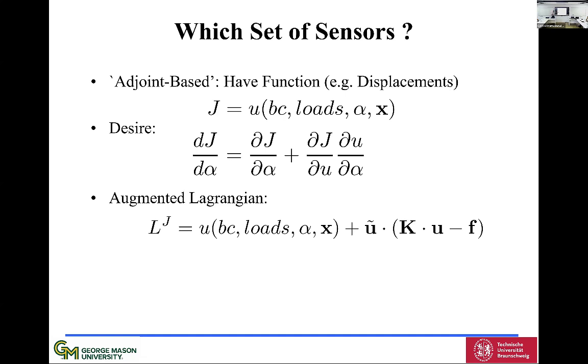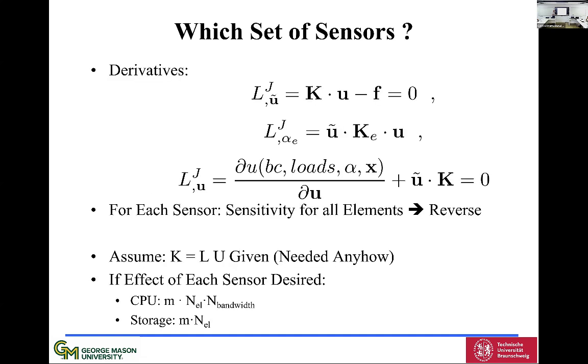Okay, you can write the same augmented Lagrangian as before and use the same machinery to come up with the derivatives that you're after. And the derivative turns out to be very similar to what you had before. Okay, so this immediately reduces it to the m times the number of elements. So this is the solve for the K that you have, and this is the part that is the number of sensors. So it's the opposite of what you did before.